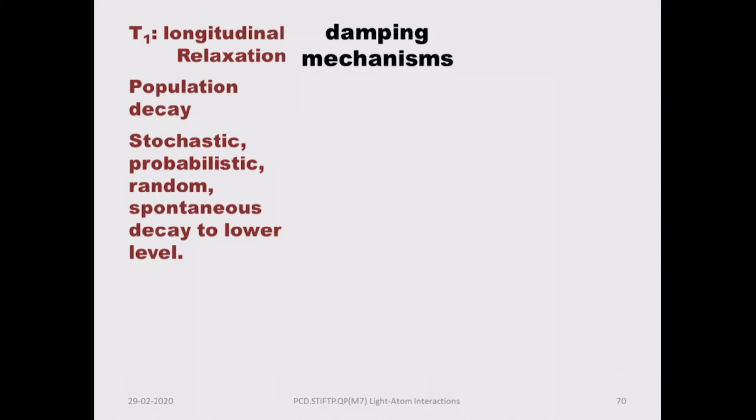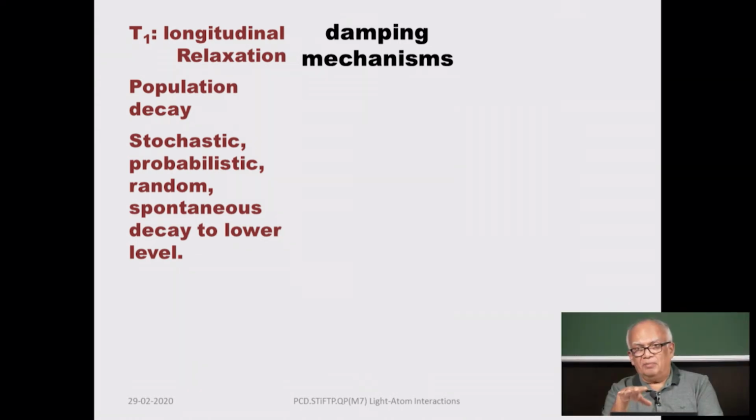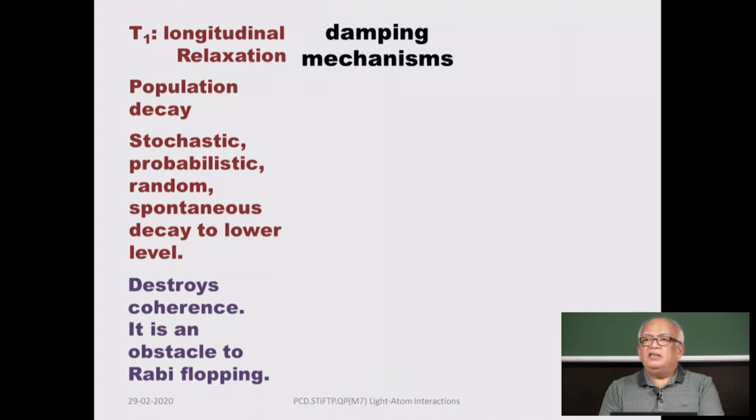You have spontaneous decay to lower levels, right? So the population will decay because of this mechanism. The population is not going to stay the same, and this will destroy the coherence.